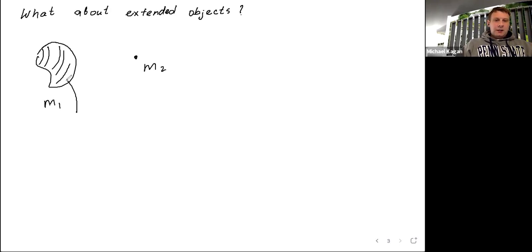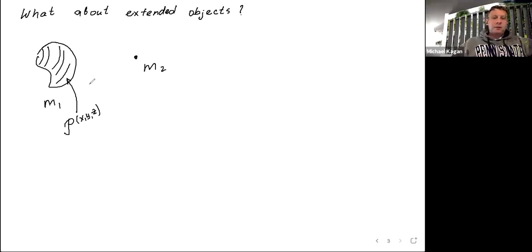We already did it a couple of times, so you know the way to describe this mass distribution is to introduce the density function, rho of x, y, z. It tells you locally how much mass is sitting in some elementary volume. Then you think of this object as a collection of point particles, breaking it into little pieces.